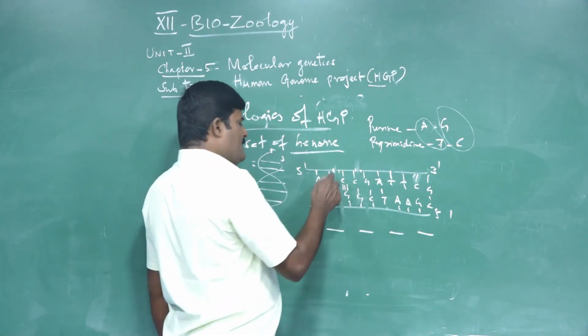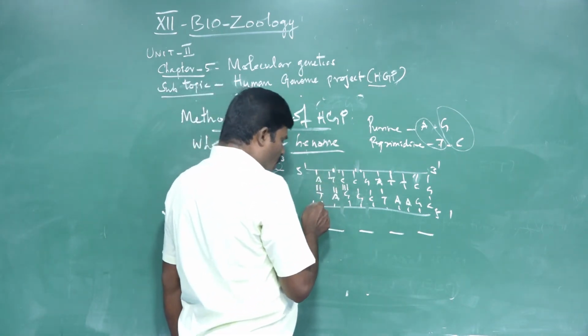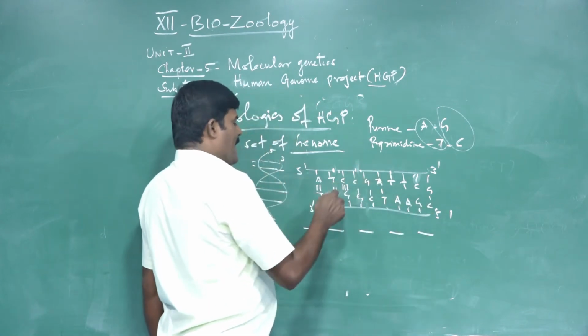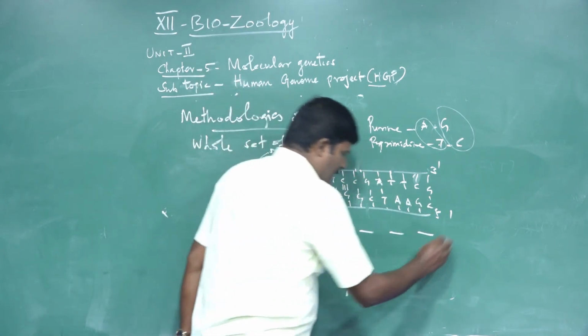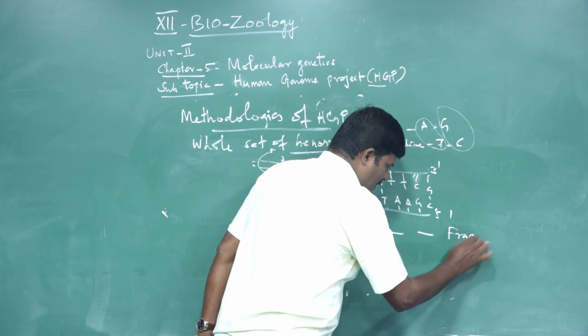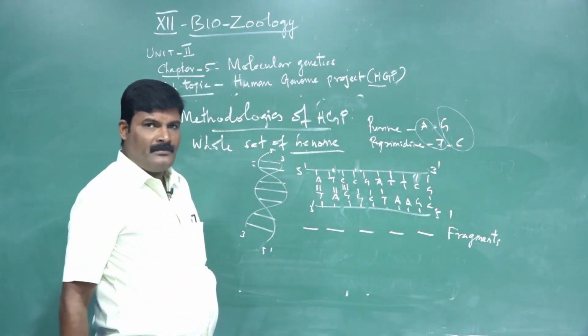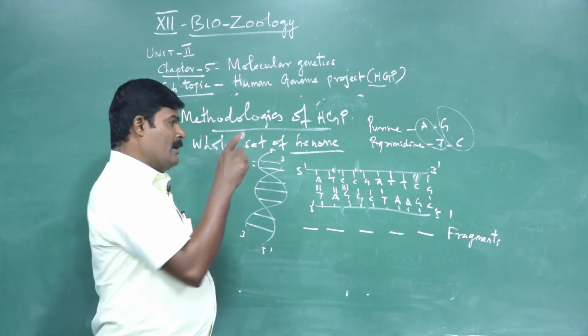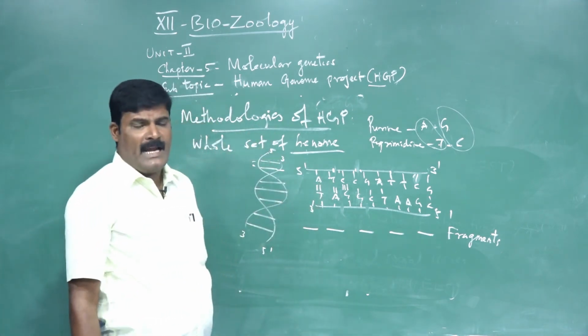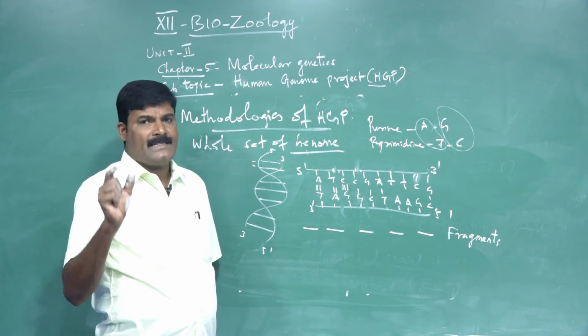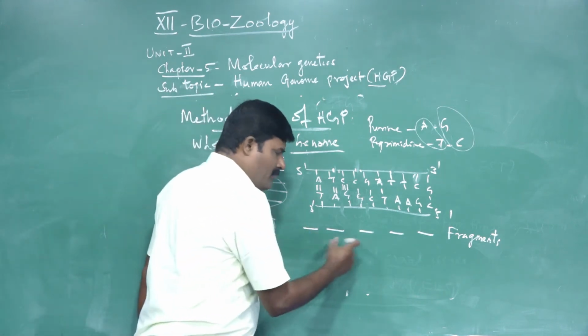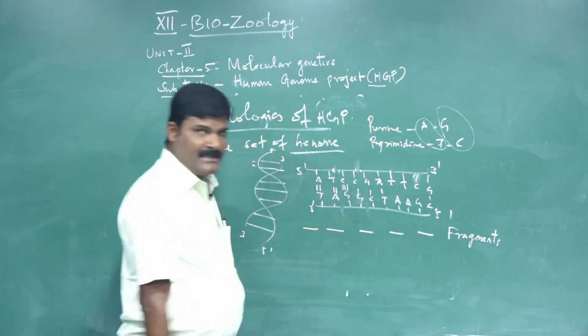With the help of the restriction enzyme, the whole lengthy DNA strand is cut into small fragments. Each of these fragments is smaller in size. Fragments means the total length of the DNA strand cut into small pieces. These are small sized fragments.